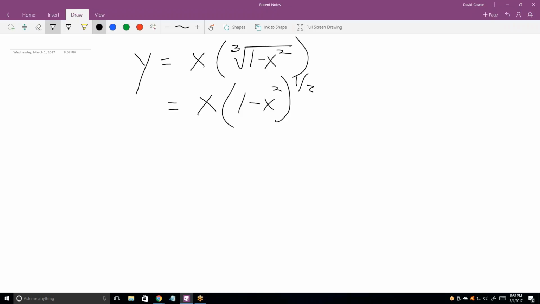Now we're going to have to use a combination of product rule and chain rule. I'm glad you got this one because this is going to teach you a lot, this specific problem. So let's start with product rule. Remember, you always start by taking the derivative of the first term.